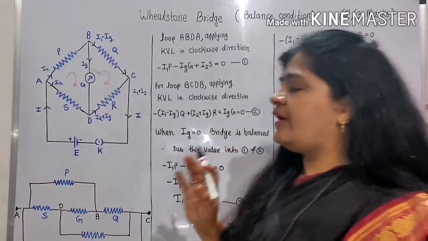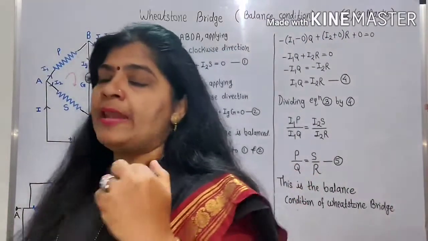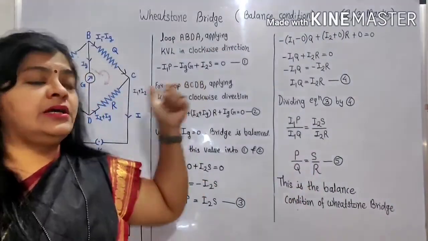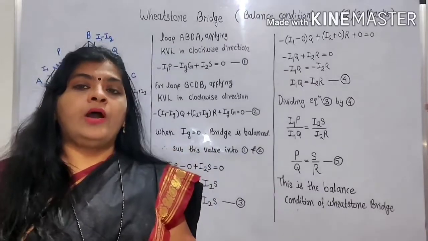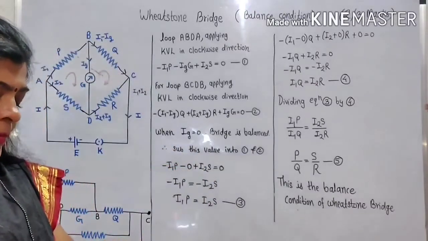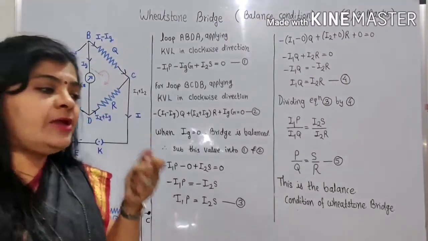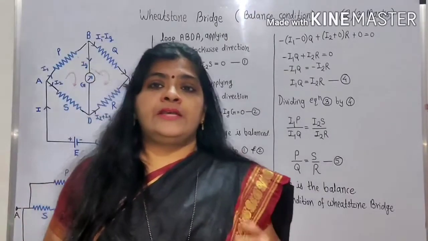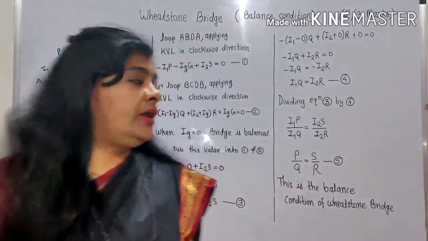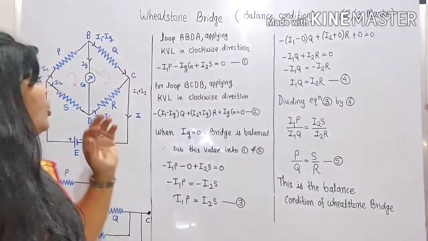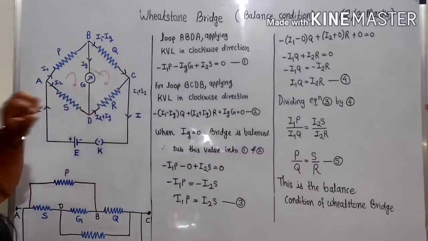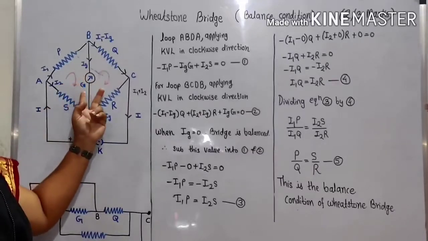Now, to find out the bridge balance condition, we apply Kirchhoff's voltage law. According to Kirchhoff's voltage law, the algebraic sum of the potential differences and the EMF of the cell is equal to 0. For this law, in this diagram we consider 2 loops.